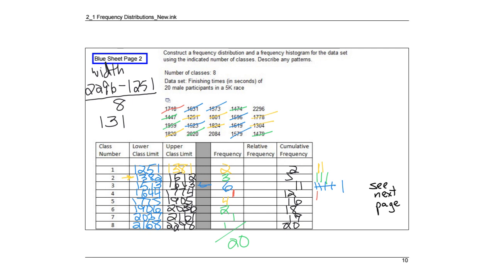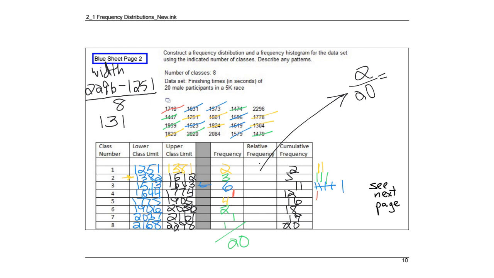Okay, so the relative frequency, I'm not going to do all of these for you. This video is getting pretty long, but let's do the first one. Remember, relative frequency has to be the piece over the part. So for the first class, we have a frequency of 2 over the total of 20.